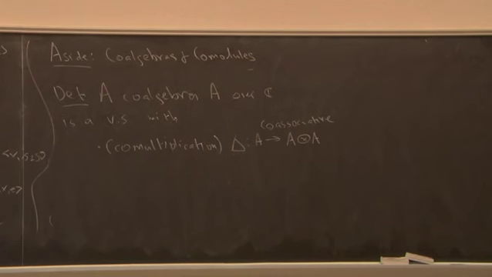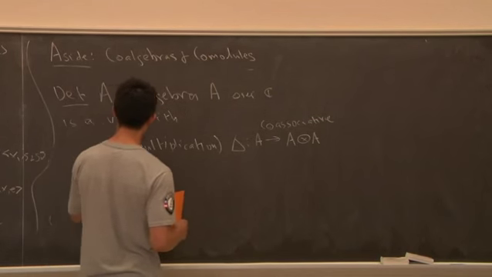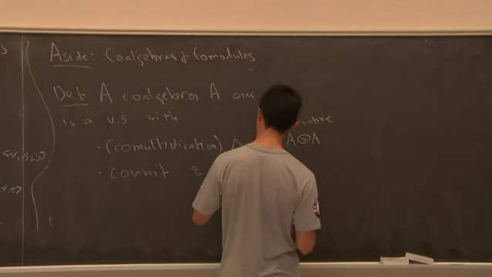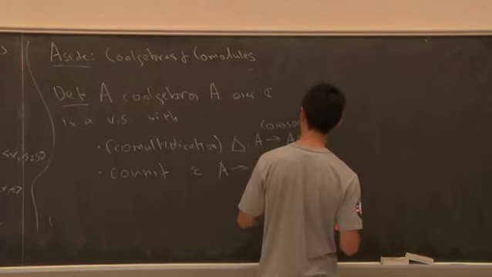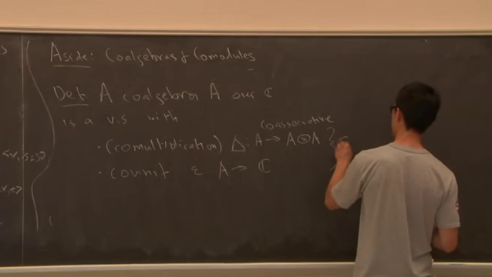So this is co-multiplication, and we also are going to get a co-unit. I'll call that epsilon, and that goes from A to the complex numbers. And these have got to be C-linear.